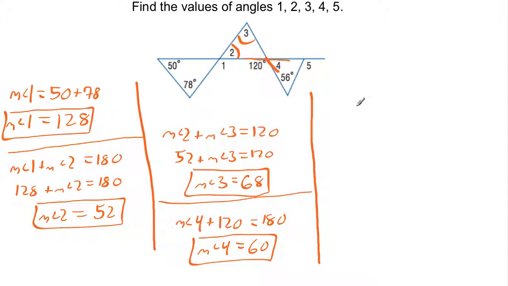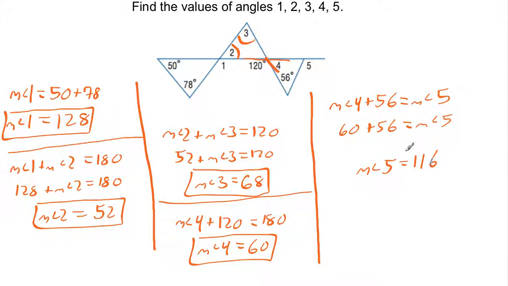And I can set up another exterior angle equation saying the measure of angle 4 plus 56 is equal to the measure of angle 5. Measure of angle 4 I know is 60, so 60 plus 56 is equal to the measure of angle 5. So the measure of angle 5 must equal 116.